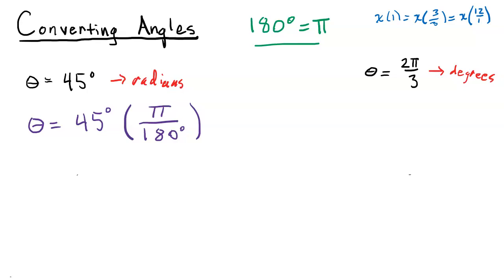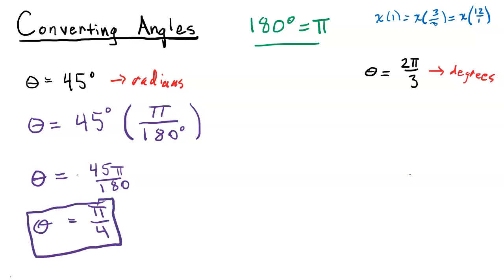So if I were to multiply 45 degrees by 180 degrees, that wouldn't get rid of the degrees and give us something in radians. But if I divide by the 180, then we cancel out the degrees measurement, and we get something in radians. So when we do this multiplication out, we get 45 over 180 pi, and then simplifying this expression, we get theta equals pi over 4. And that's our equivalent angle in radians.